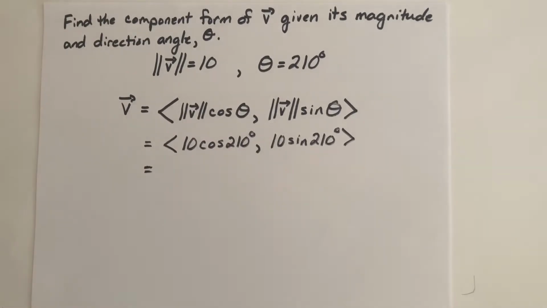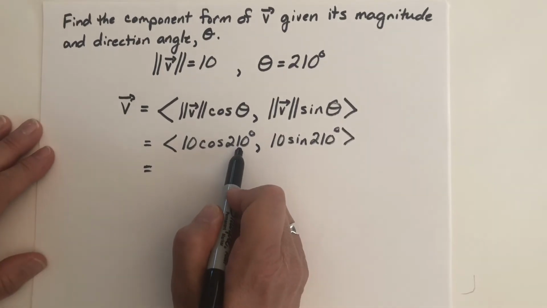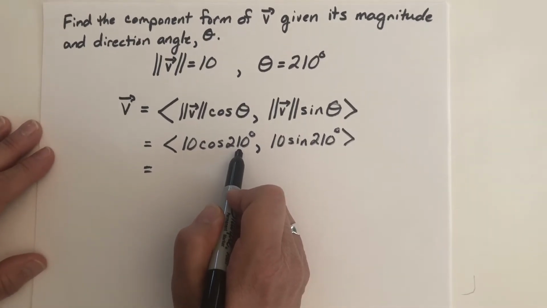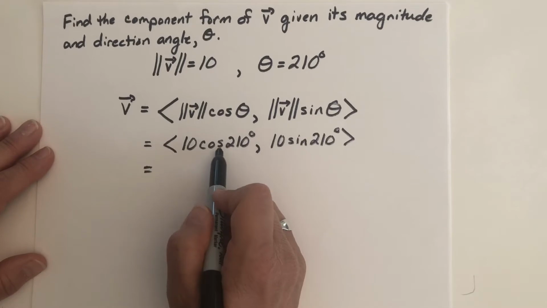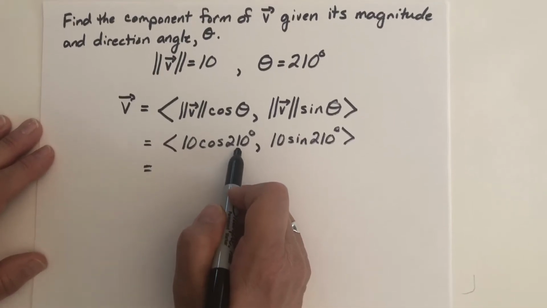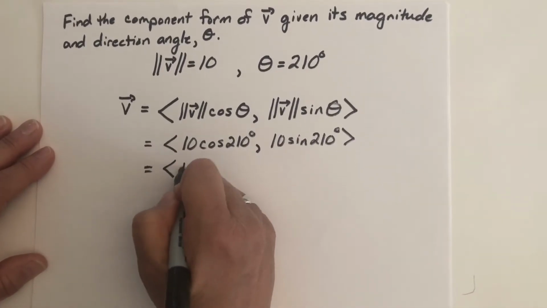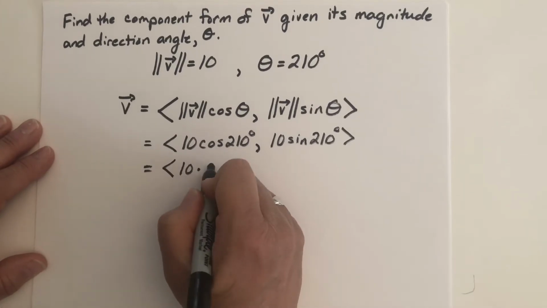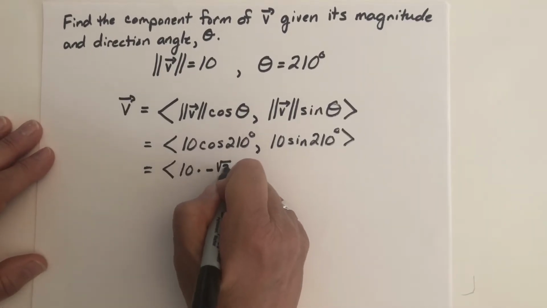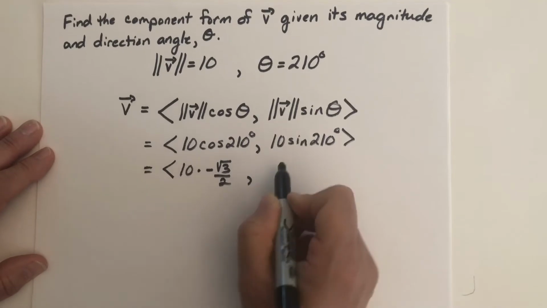Let's substitute in the values that we know. Let's see, 210 degrees is in the third quadrant, so the cosine is negative. Our reference angle is 30 degrees, so we know that it's going to be 10 times negative square root of 3 over 2.